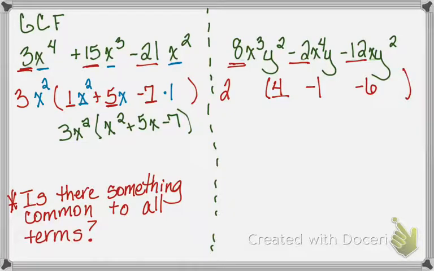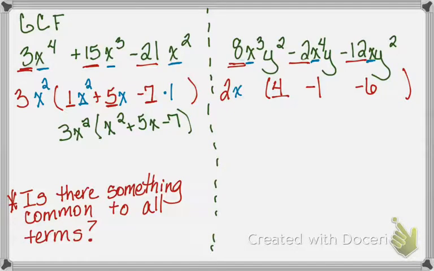Okay. Now I'm going to look at x to the third, x to the fourth, and x. I want to know what is my lowest exponent. The first. Good. So what can I take out? How many x's? Just one. So I'm just taking out x to the first.